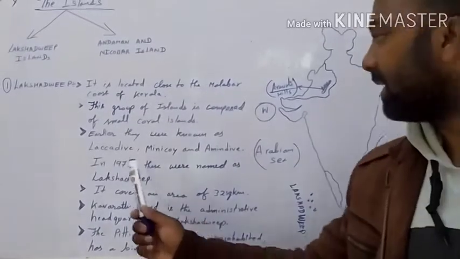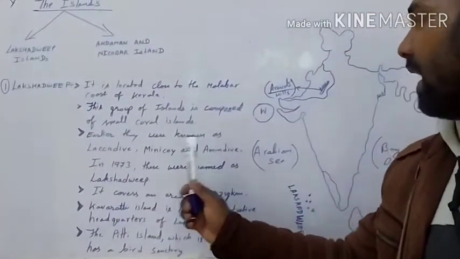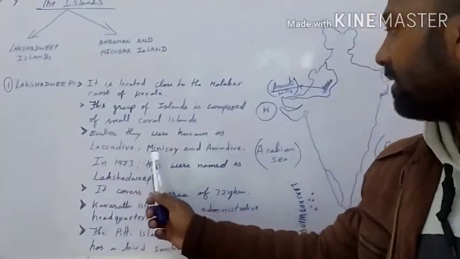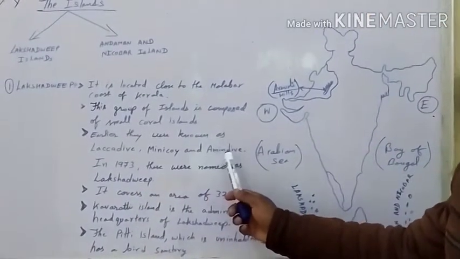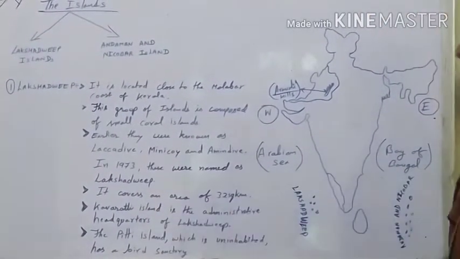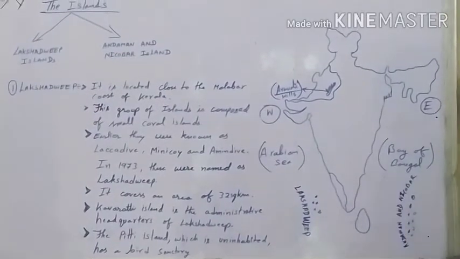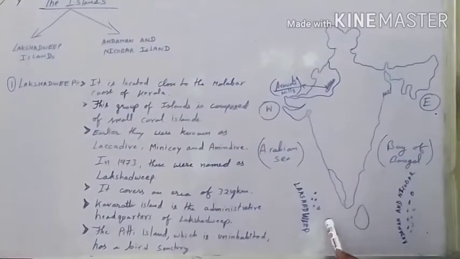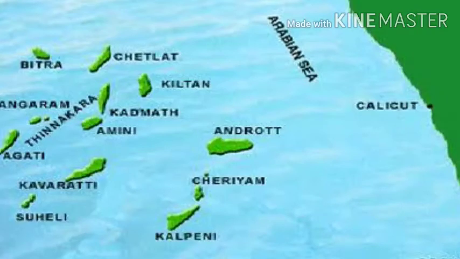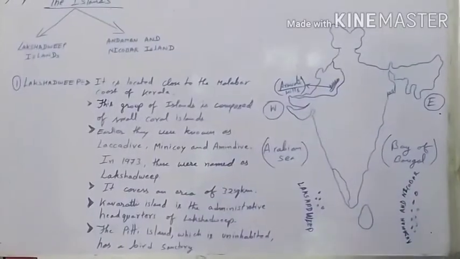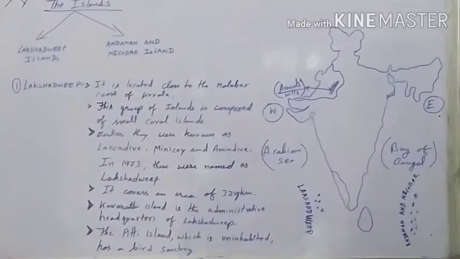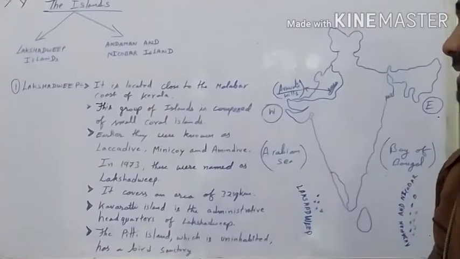The next point is that earlier they were known as Laccadive, Minicoy and Amindivi. These are the three names which were given to the groups of islands which lie here. But later on, in 1973, these were named the Lakshadweep Islands. This group of land was regarded as the Lakshadweep Islands in 1973.